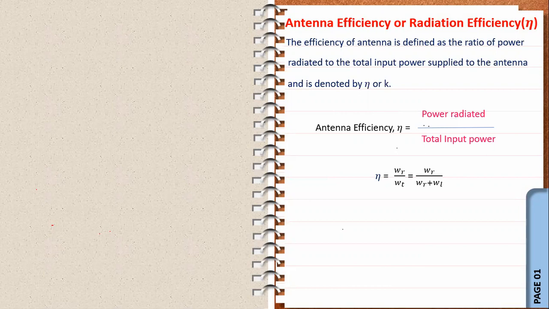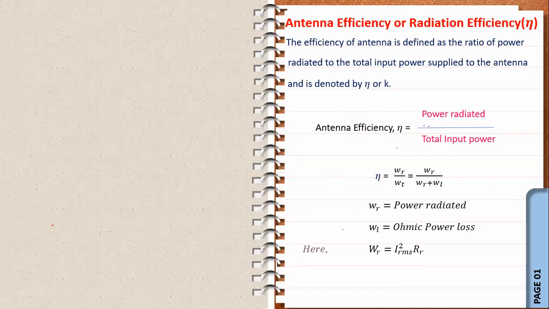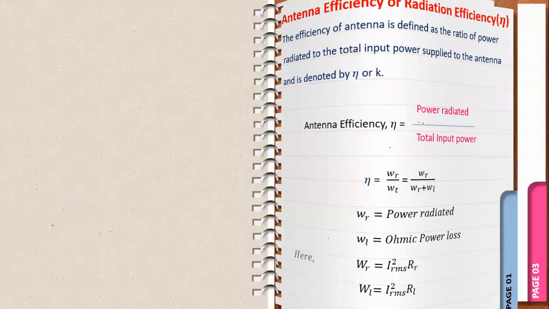The summation of radiated power and the loss power leads to the total input power, where WR is the power radiated and WL is the ohmic power loss. Now representing the power radiated and the power loss in terms of RMS currents as WR equal to I square RMS multiplied by radiation resistance, and the power loss, that is WL, will be equal to I square RMS multiplied with the loss resistance.